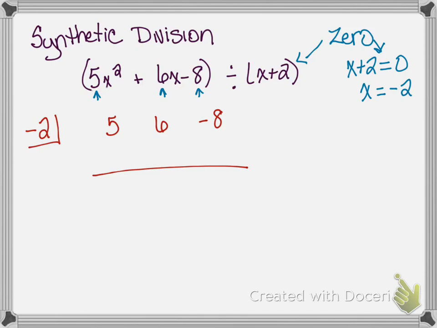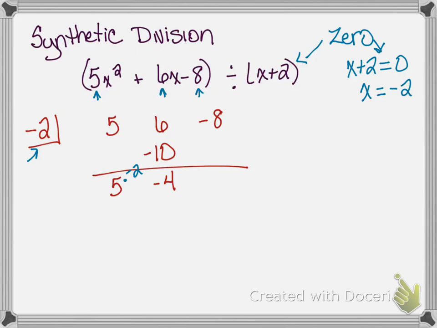My first step is to bring that 5 directly down. Then I multiply that number times what's over here in my box. So I have 5 times negative 2. 5 times negative 2 is negative 10. 6 plus negative 10 is negative 4.